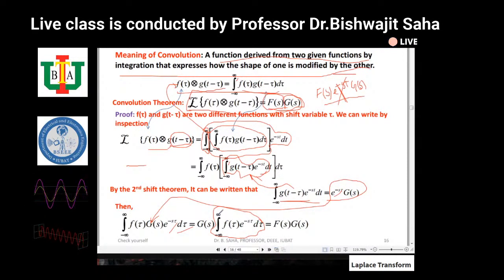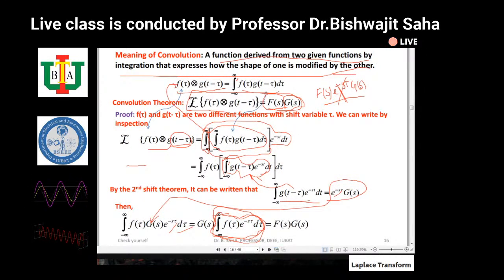Then what type of Laplace transform is this part? Bilateral or unilateral? Sir, the bilateral, sir. Yes, thank you. It is bilateral.